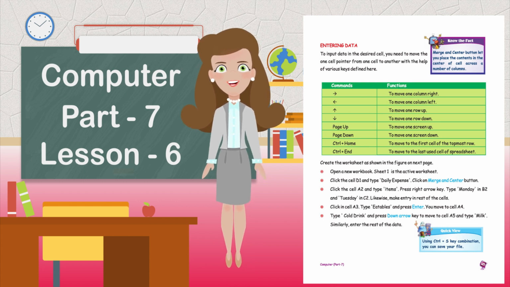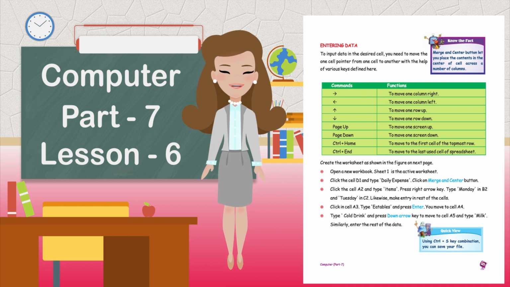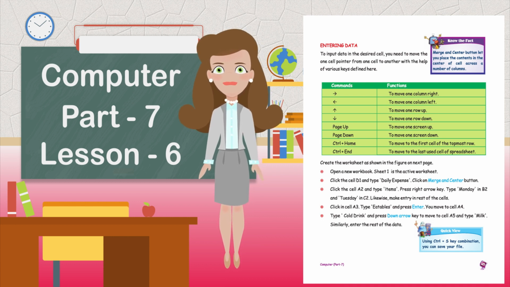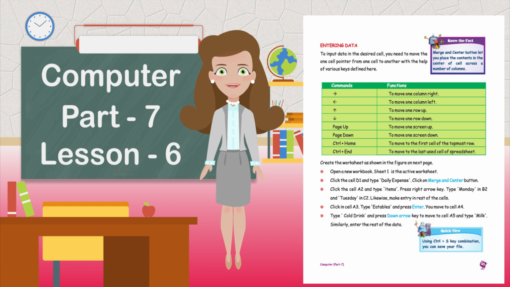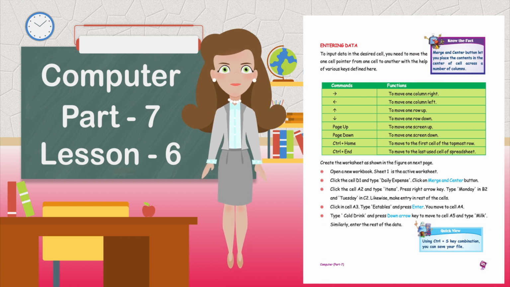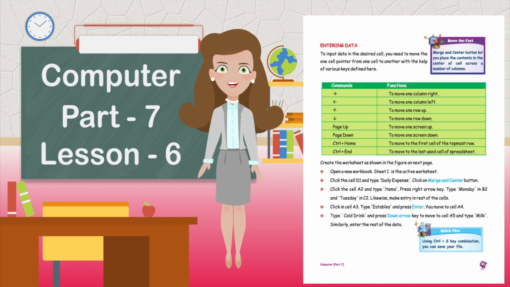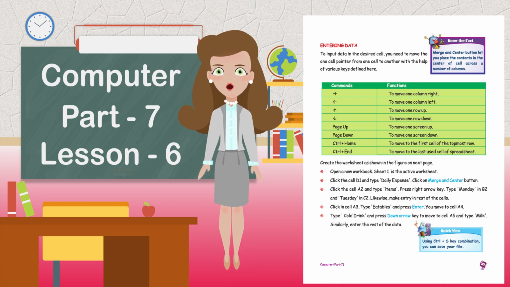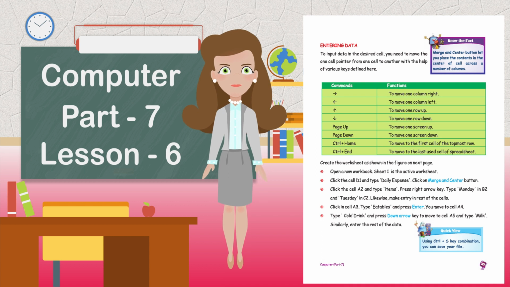Command, right arrow key, function to move one column right. Left arrow key, move one column left. Up arrow key, move one row up. Down arrow key, move one row down.